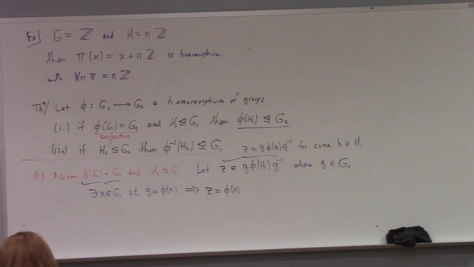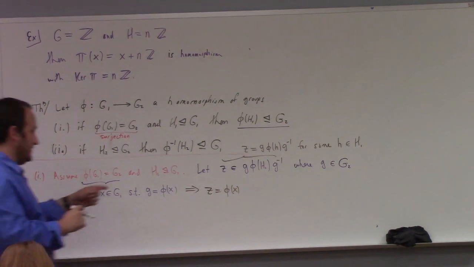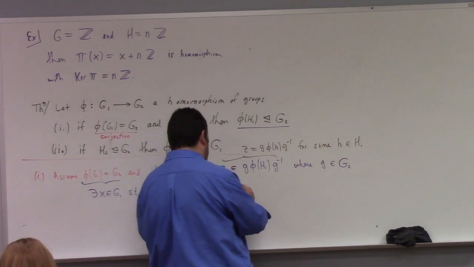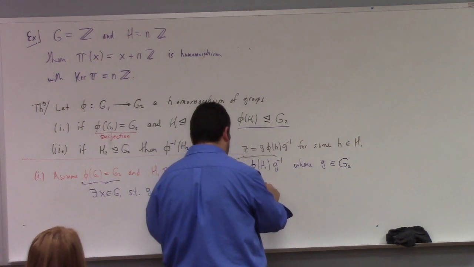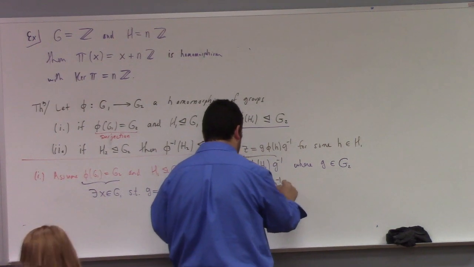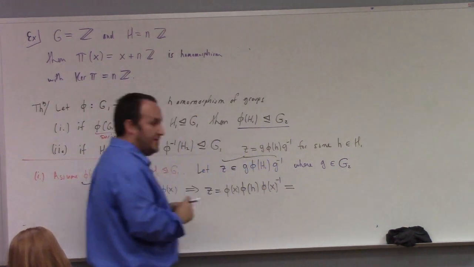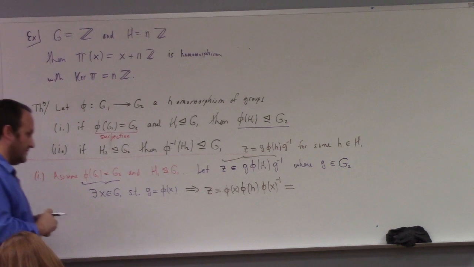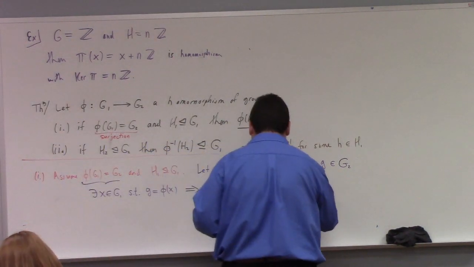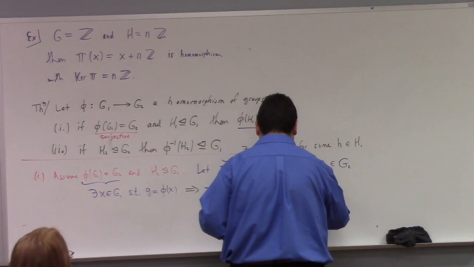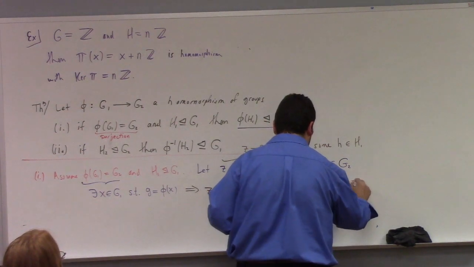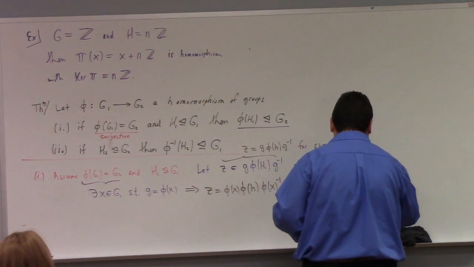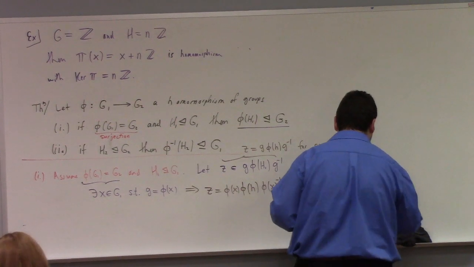There exists an h in H1 such that that's the case. So then z is equal to φ(x)φ(h)φ(x⁻¹). And then by properties of homomorphism, that's actually φ(xh)φ(x⁻¹), and then one more step. This is φ(xhx⁻¹), yeah?